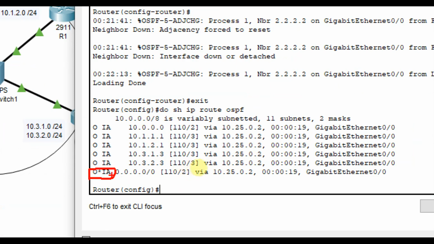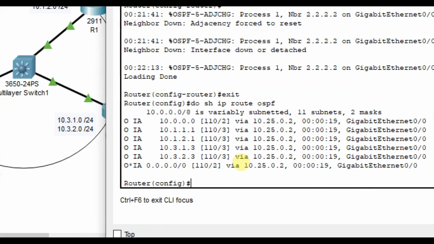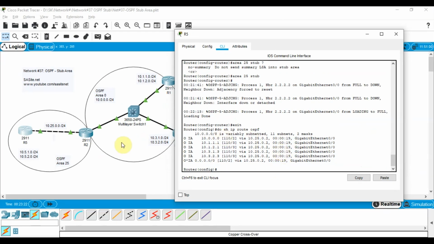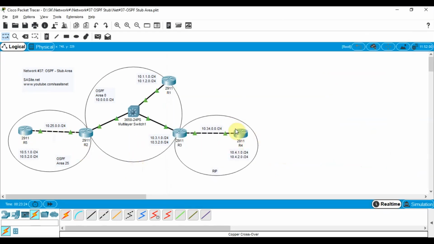But now, because we use the stub area, instead of having those lines, we still have inter-area routes, but we don't have the external routes from redistribution anymore. The router automatically creates one default route here and points it back to R2, because that's the only exit point to reach the network behind R4.